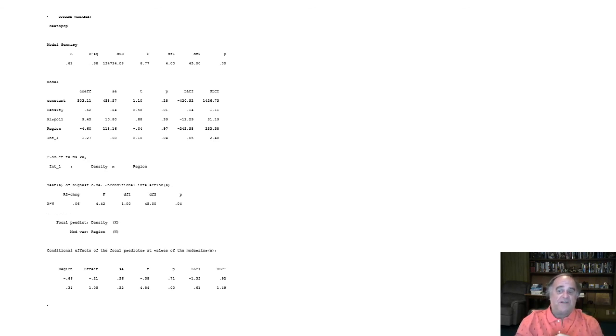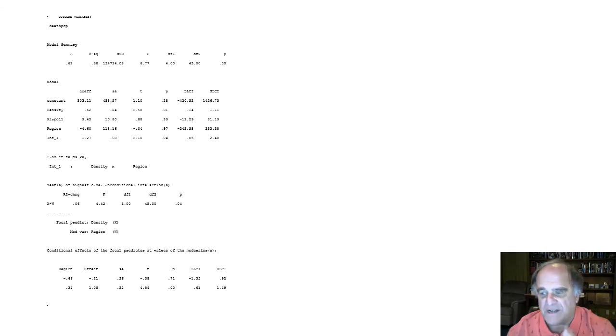In my version of PROCESS for SPSS, a moderator has to go in the moderator slot, regardless of what model you're dealing with. So I don't know if what he did really worked in his version or not. Also, as I said, a lot of the options he gave were different than the options I had. I don't know if it's because he's using a different version of SPSS, a different version of PROCESS, or a British version, or maybe it's a server version, because I think the server version could be a little different than the PC version.